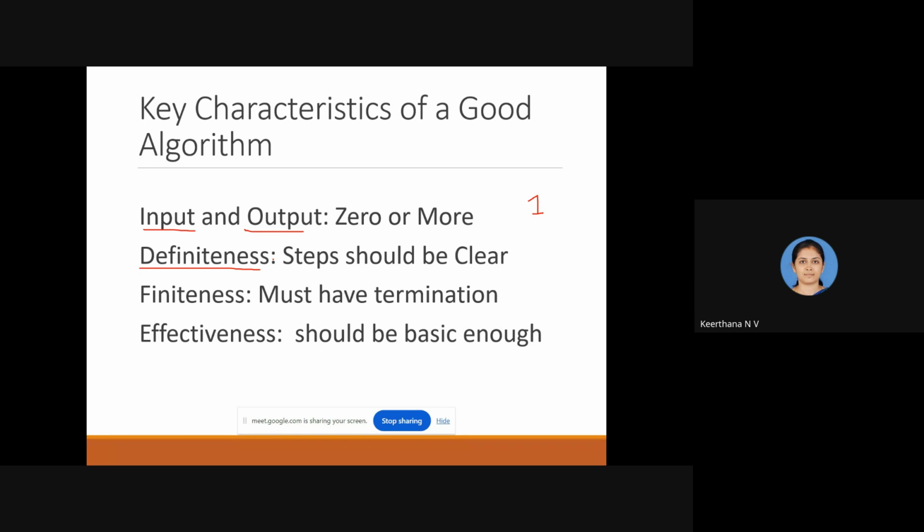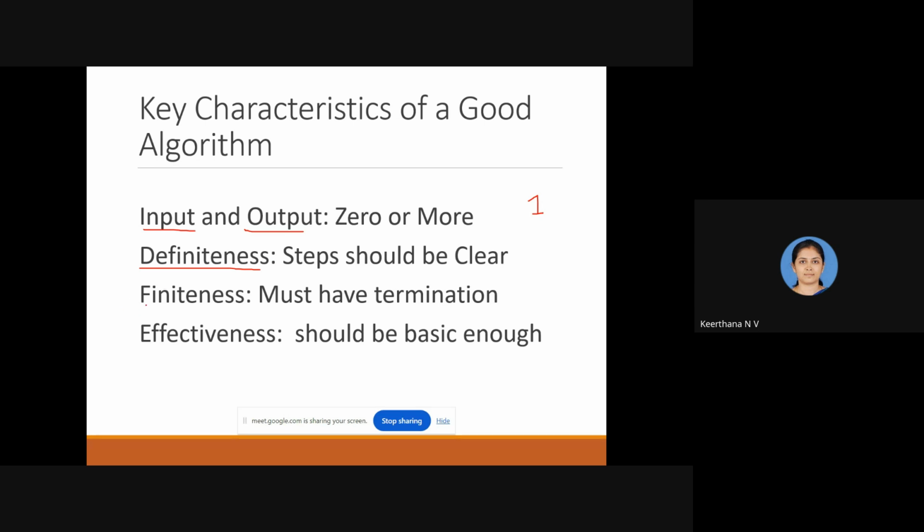There will be a group of people who will write the algorithm, and they will give it to their programming team. That programming team will work based on the algorithm given by the algorithmic team. For that reason, the algorithm should be very clear and unique, and understandable by everyone in the forum.